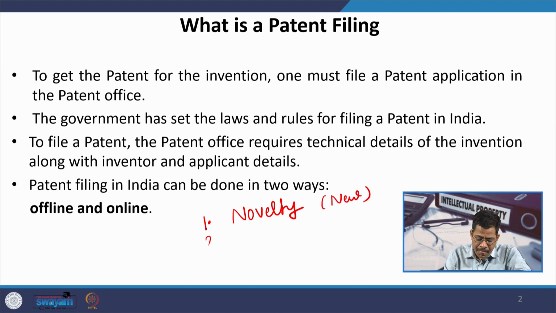Second is whether it is a naturally obvious thing or a non-obvious thing. If it is obvious, for example, if there is a thermos and I increase the thickness of that thermos, it will provide better protection, it will be a poor conductor of heat, and you can keep your water warm for longer duration.